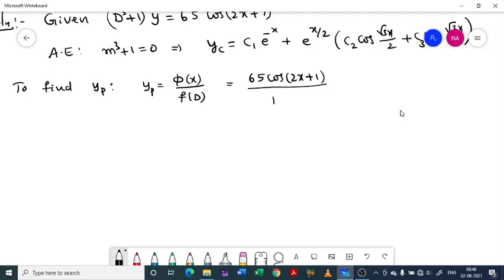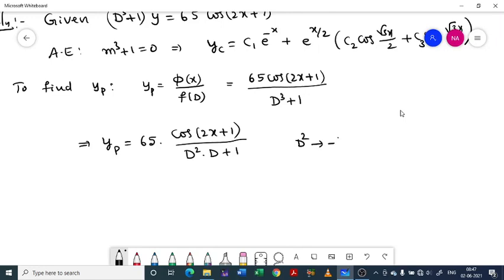F of d is d cube plus 1. So yp will be 65, a constant, don't worry about it, cos of 2x plus 1 divided by, write this as d square into d plus 1 and replace d square by minus 2 square, that is minus 4.